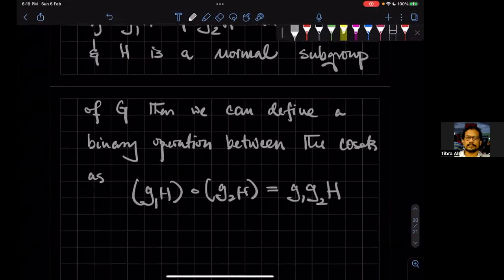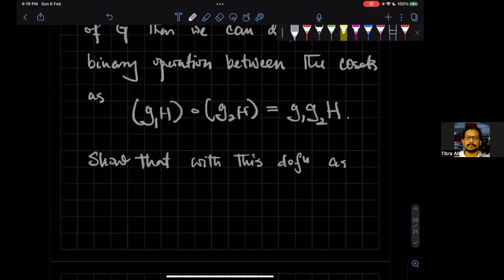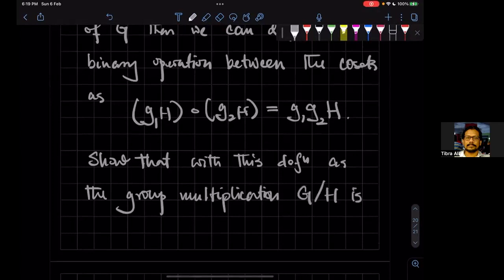Okay? And your exercise will be to show that with this definition as the group multiplication, G over H is a group.